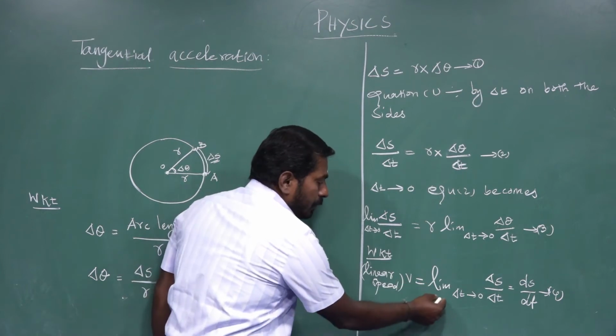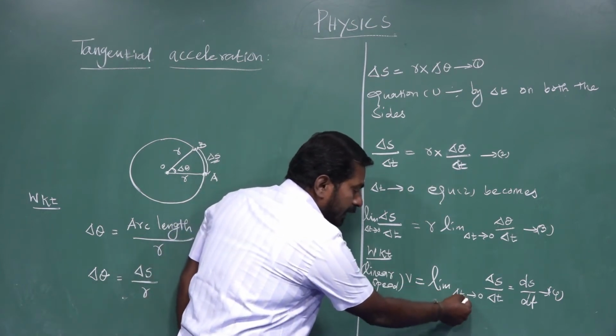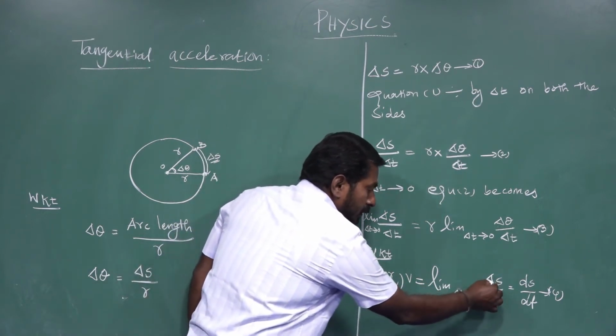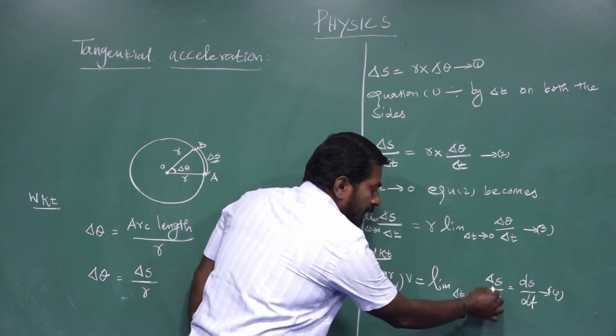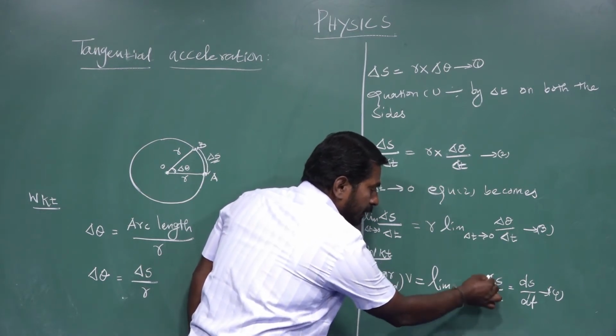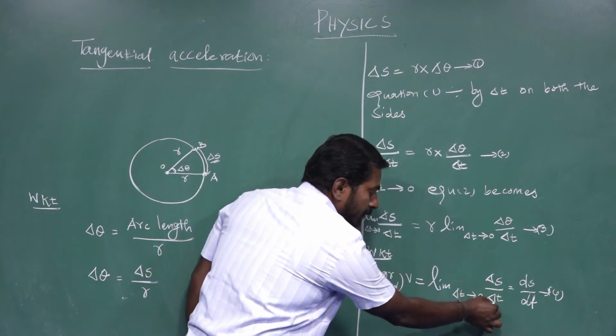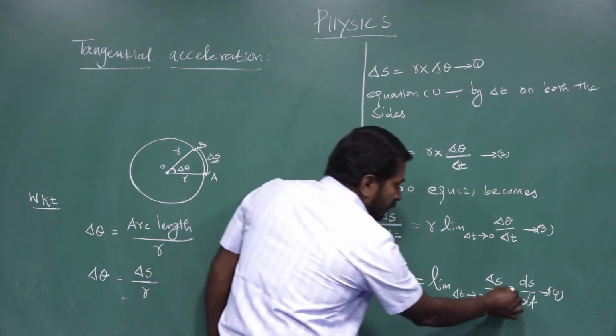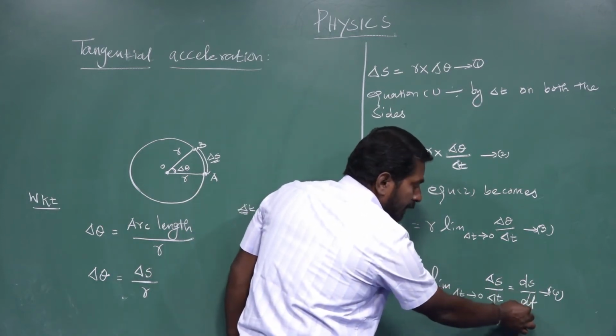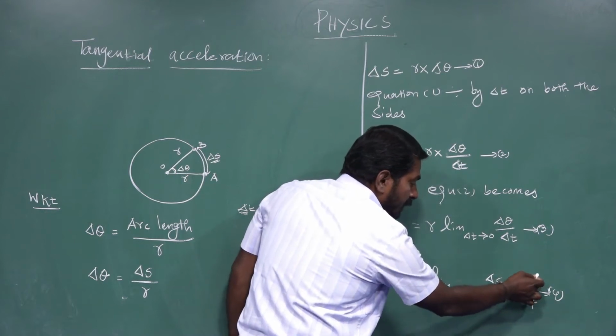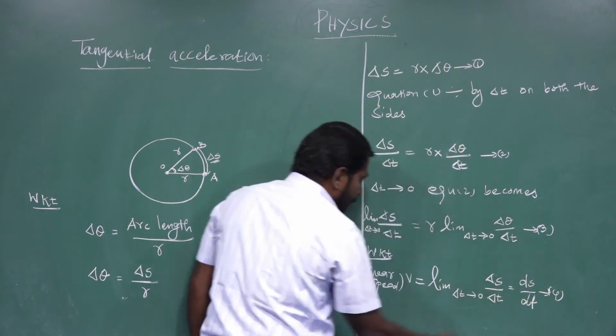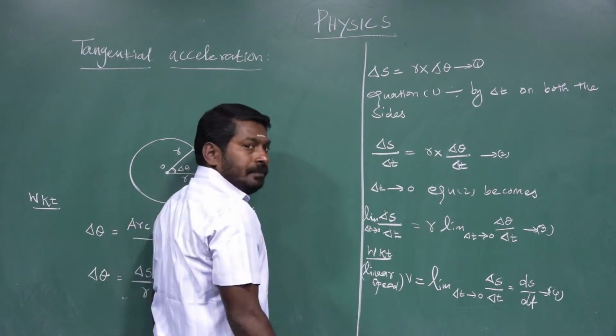Delta s divided by delta t means change in displacement divided by change in time interval, which is ds by dt. So the rate of change of displacement with respect to time is called linear speed.